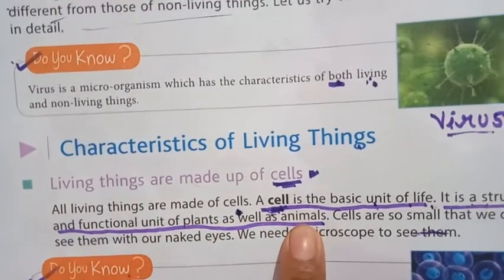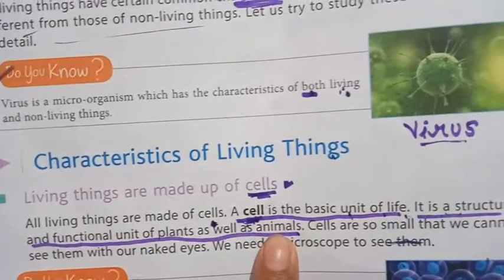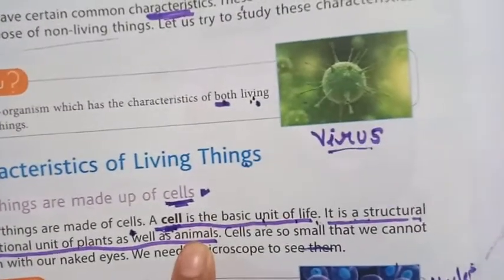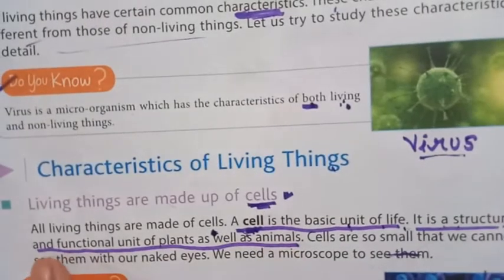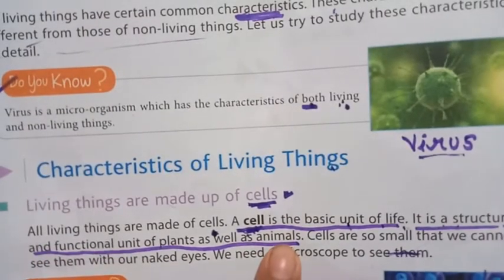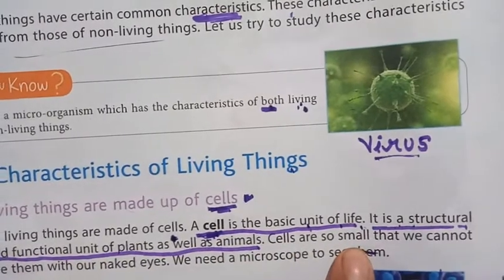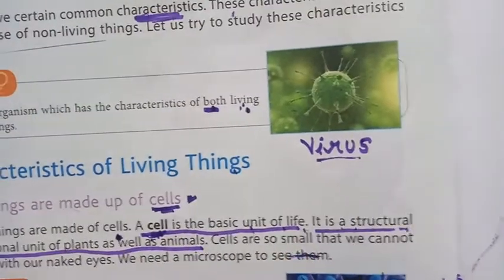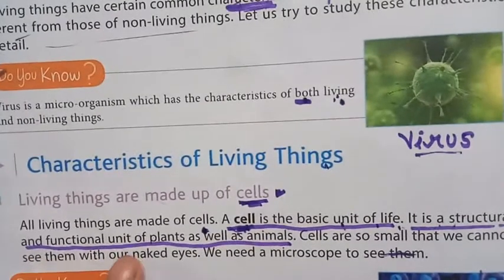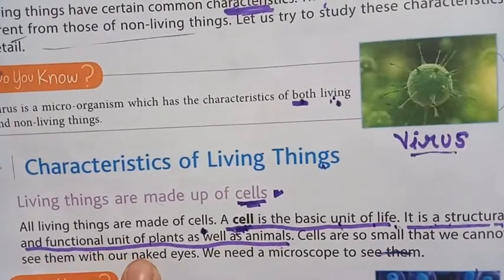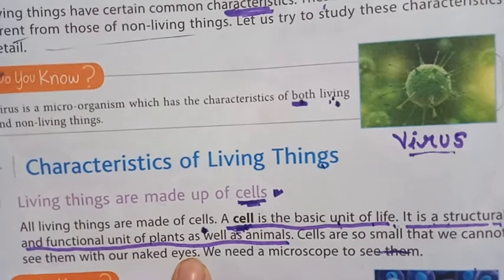The cell is the structural and functional unit of life. It is a structural and functional unit of plants as well as animals. Cells are so small that we cannot see them with our naked eyes.